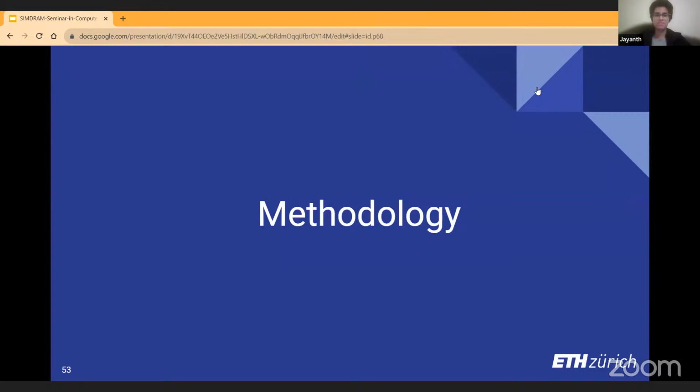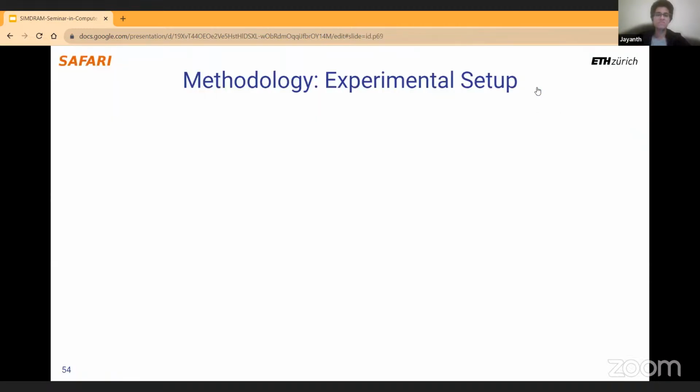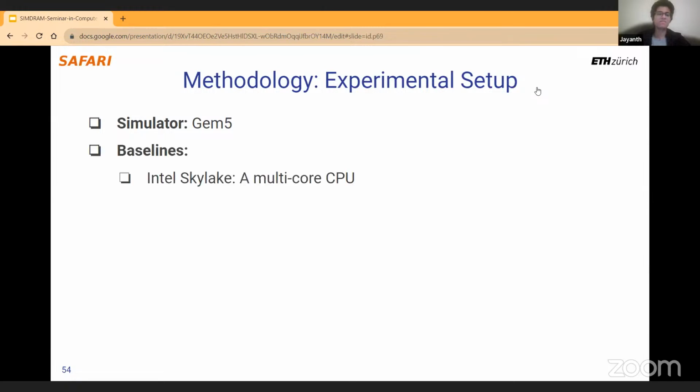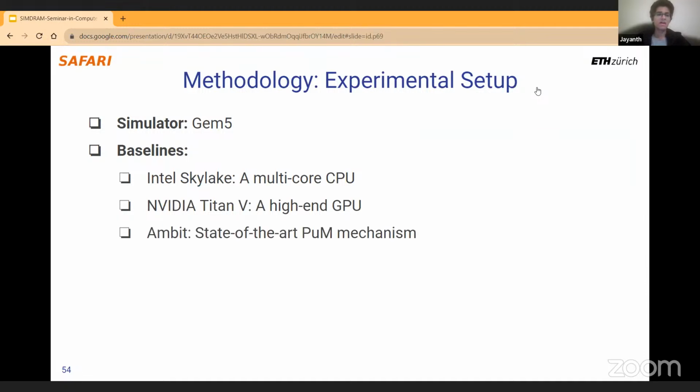Yeah, so now let's look into the methodology, that is how the SIMDRAM framework is simulated and tested. SIMDRAM is implemented on the gem5 simulator, and it is tested against Intel Skylake, which is a multi-core CPU, and NVIDIA Titan V, which is a high-end GPU. And it is also tested against Ambit, which, as discussed, is a state-of-the-art processing-using-memory mechanism.